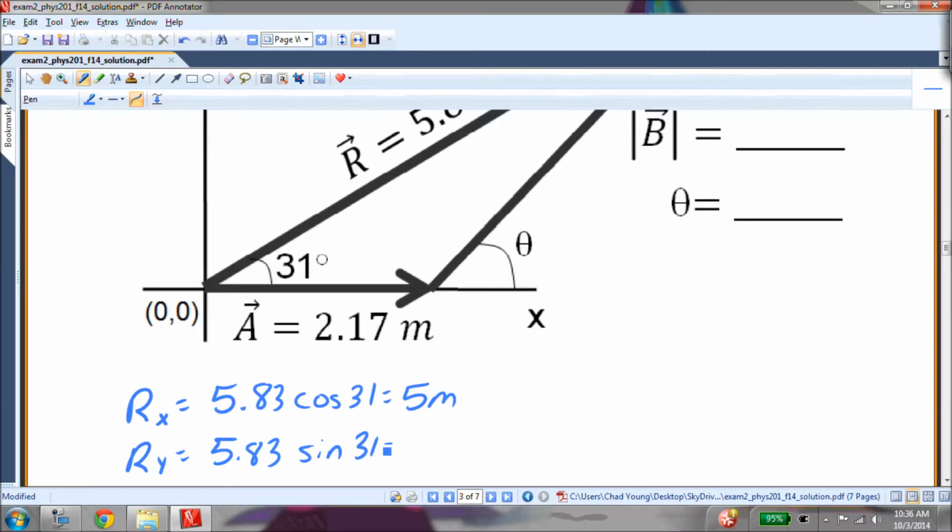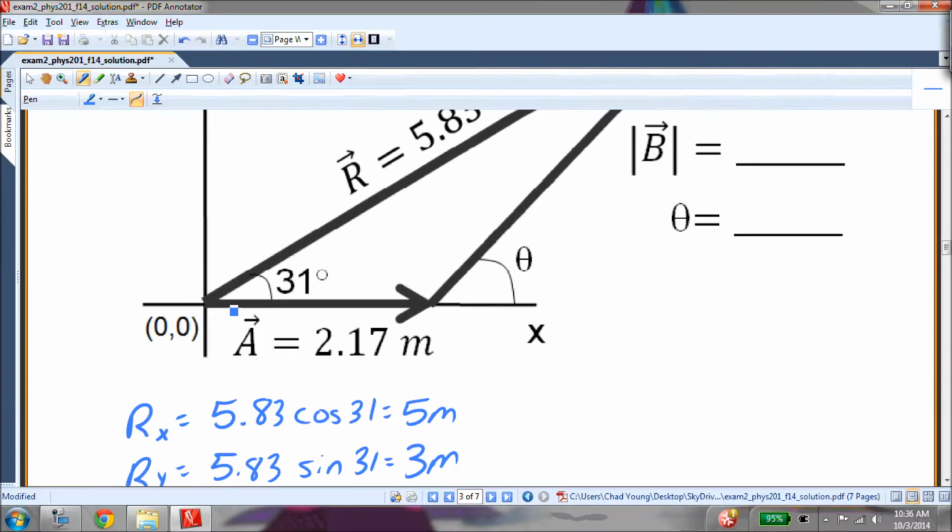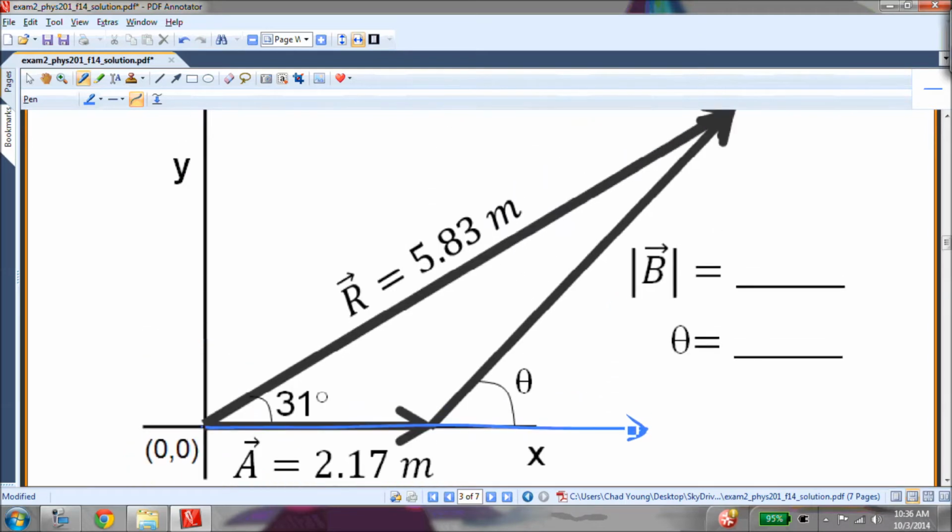And that's equal to 3 meters. All right, so my x and y components of R are right here. Oh no, it goes a little bit further. This is 5 meters. Oh, sorry. My x component is 5 meters, and then my y component is 3 meters.